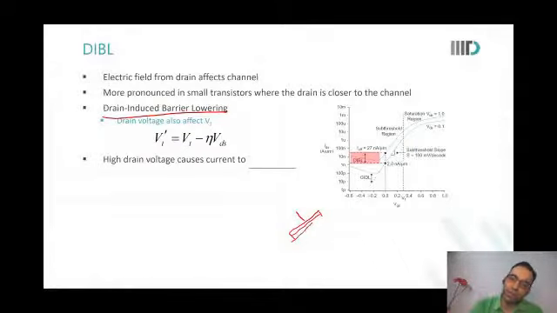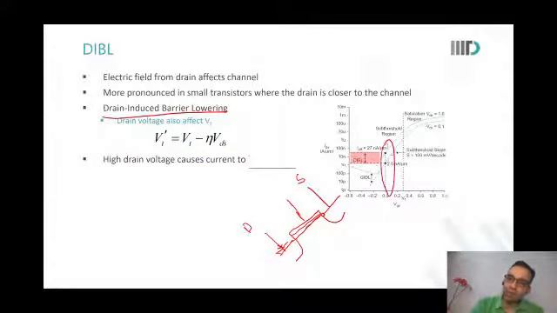However, what happens? There is a voltage on drain and source also that is applied. And we see that there is a dependence of on current and off current, on current obviously, but also off current, on leakage at VDD equal to 0.